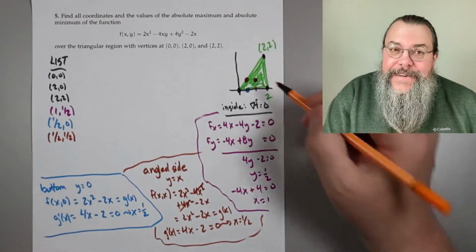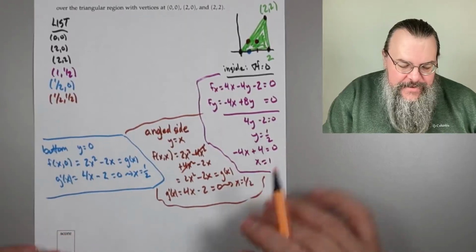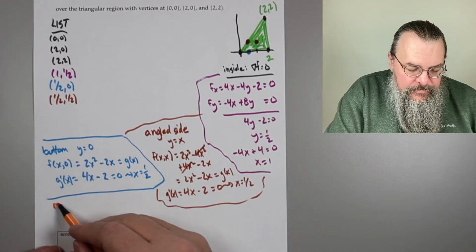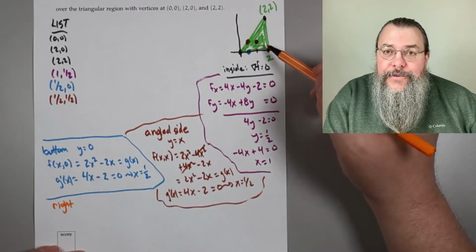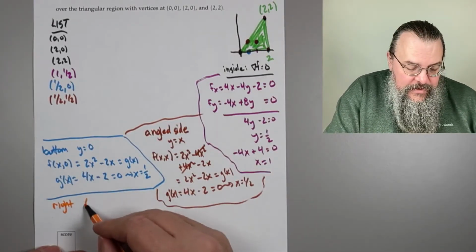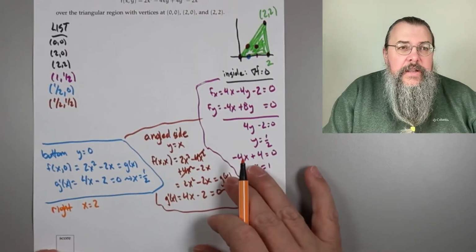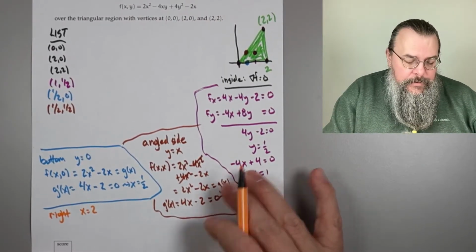We'll call this one the right-hand side. Now, what's true about the right-hand side? Well, on the right-hand side, all x values are 2. So that says x equals 2. And let's see. I want to make sure we can see f while we do this.